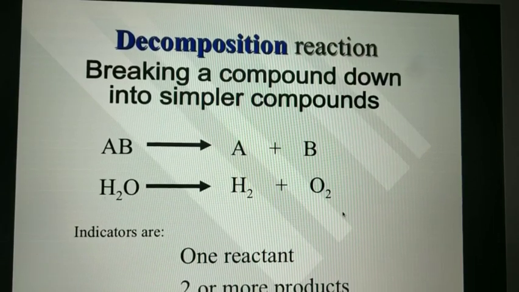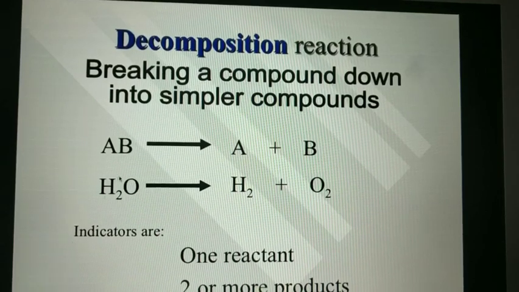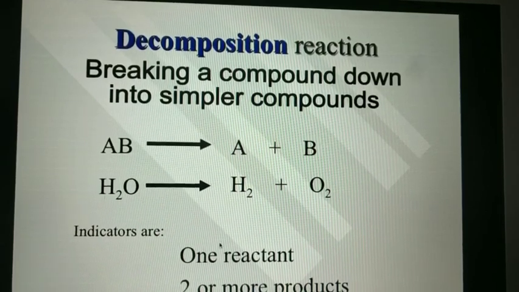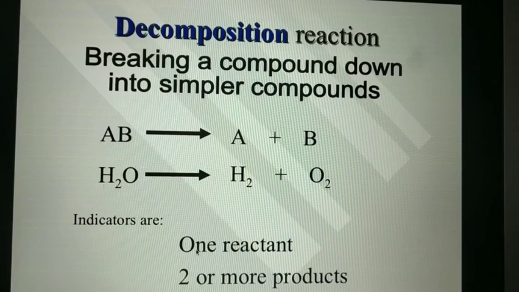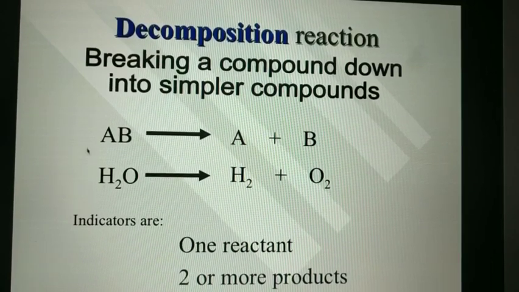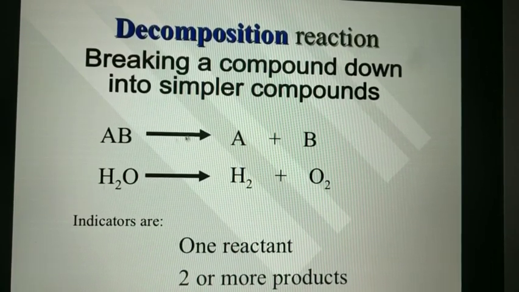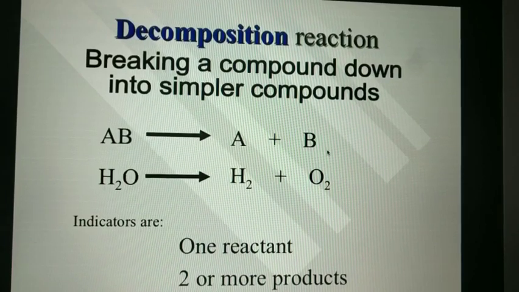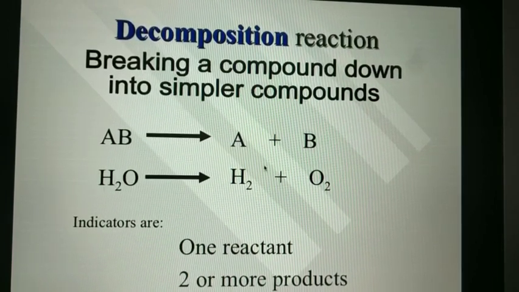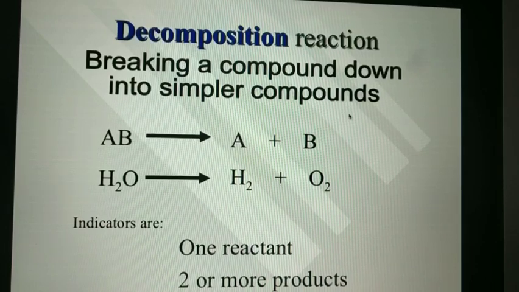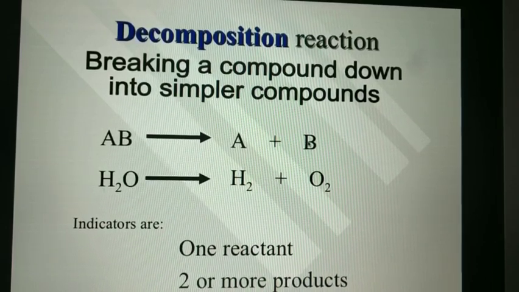Now you will balance this one, as it is not balanced. How will you identify a decomposition reaction? Only one reactant is there and two or more products are formed. From this you can identify that the given reaction is a decomposition reaction.